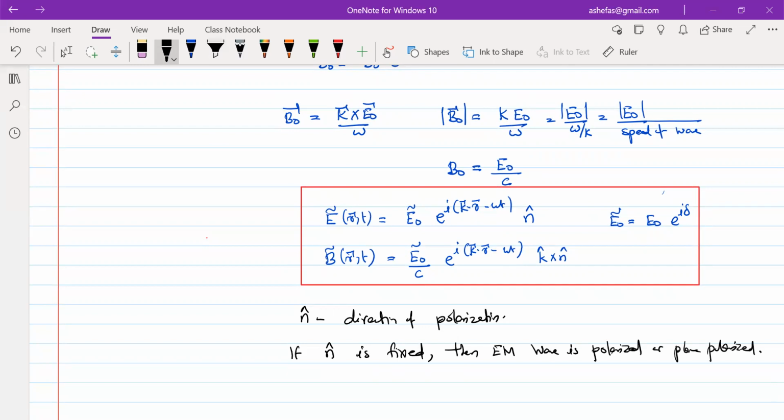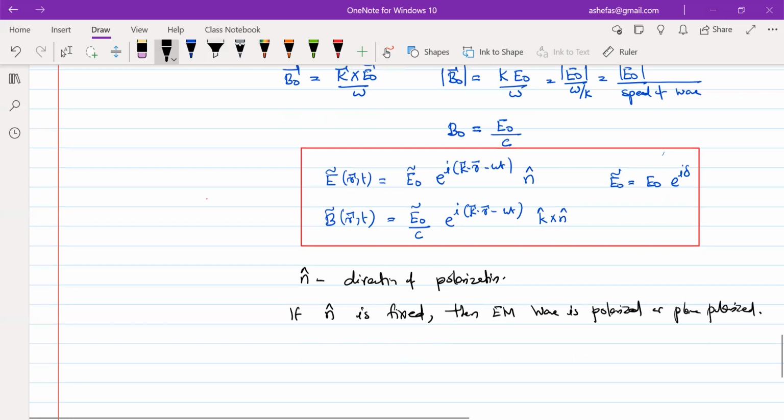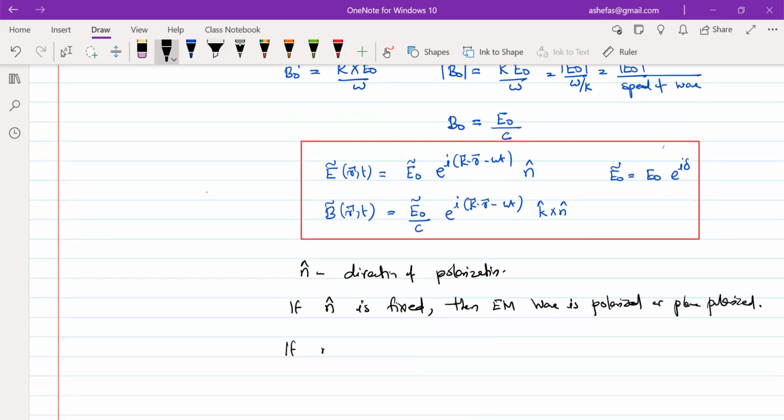If the direction of the electric field rotates during its propagation, then it is no longer plane polarized, but it is still a polarized electromagnetic wave. Such polarization is called circular polarization. So if n rotates in a circle, then it is called circular polarization.